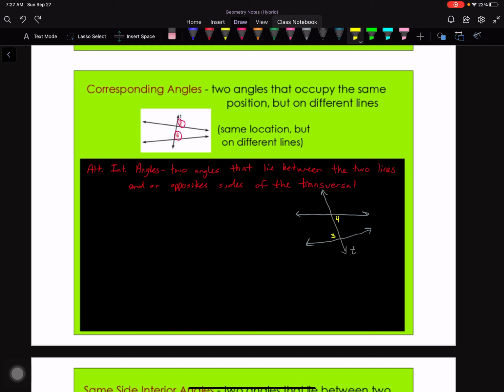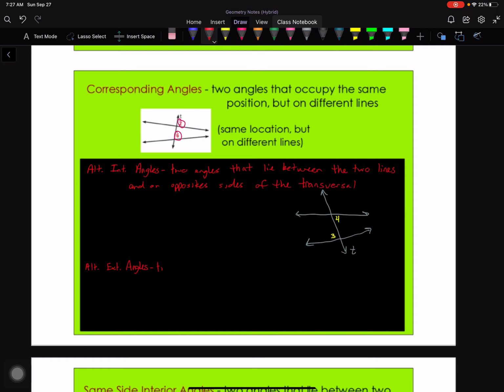So just like we have alternate interior angles, we can have alternate exterior angles. Similar definition, it's just that now the angles are going to be on the outside of the lines rather than in between the two lines.